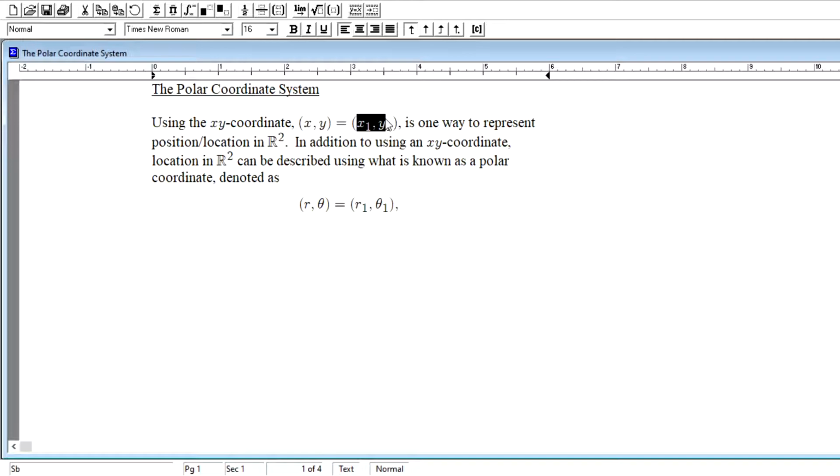Right? We are again very familiar with the XY coordinate and how to go about describing position and location, and even maybe the idea of motion in this two-dimensional space.